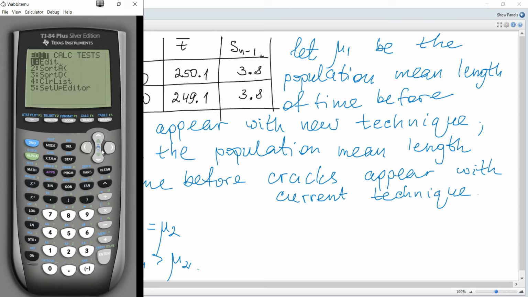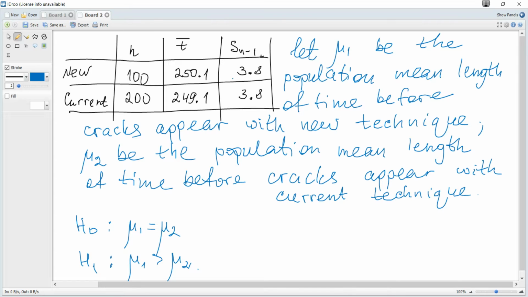So stat tests, and we need the two-sample t-test. It's the mean for the first, 250.1, and as x1 it's exactly S n minus 1, not Sn, because Sn minus 1 is the unbiased estimate of the population standard deviation, and if you calculate just Sn, it's just for the sample.